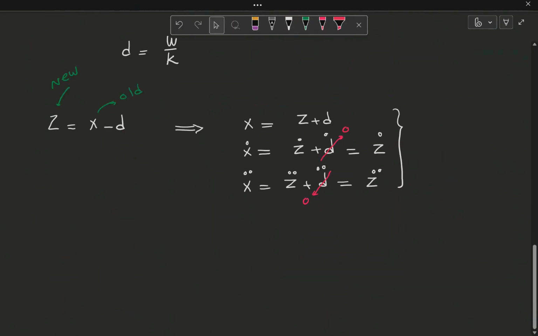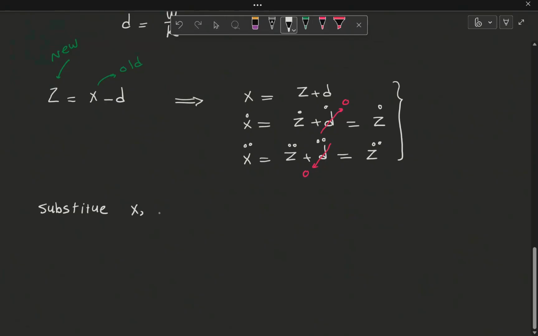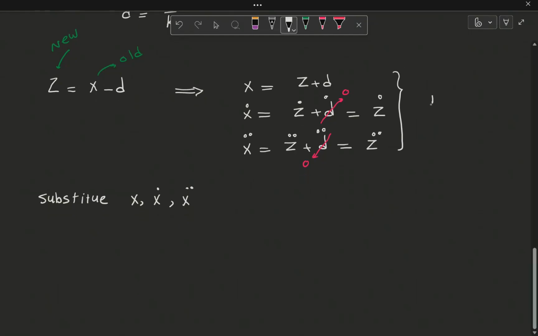So substitute x, x dot, and x double dot from equation 1 into smiley.